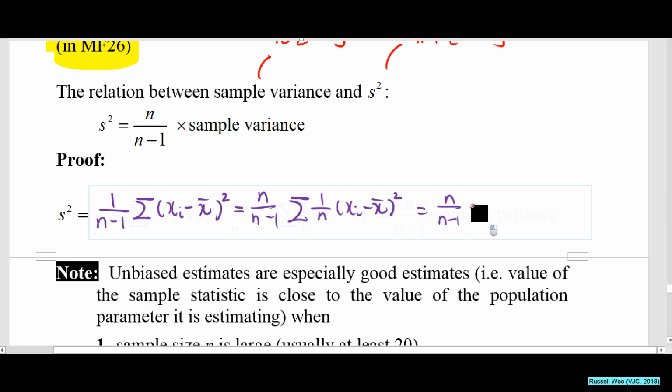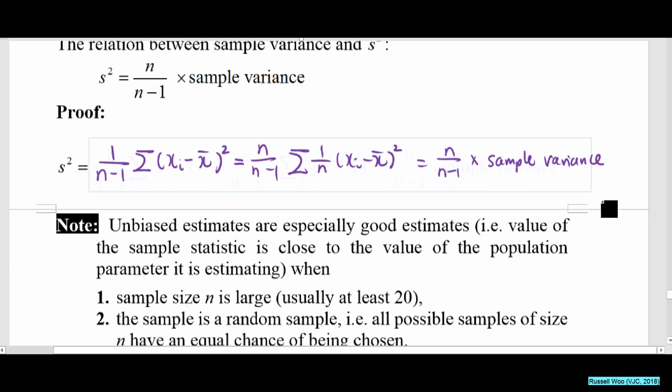You can easily prove it on your own. Most important is to know that S square and sample variance are different. I repeat one more time, S square and sample variance are different. All right?